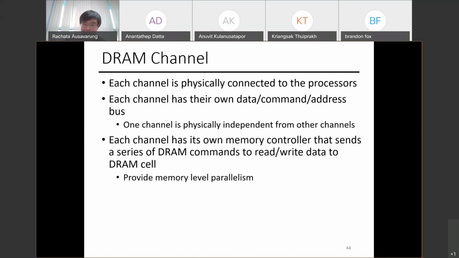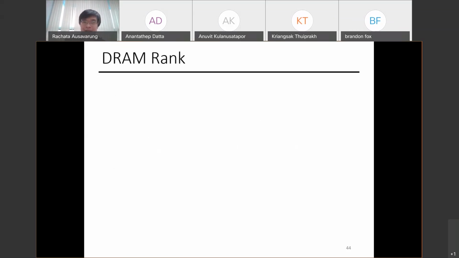This controller sends a series of DRAM commands, such as read this data from this address, make sure this data is ready to be read, make sure this data is written back to DRAM cells, make sure you can issue as many data reads and writes as possible.